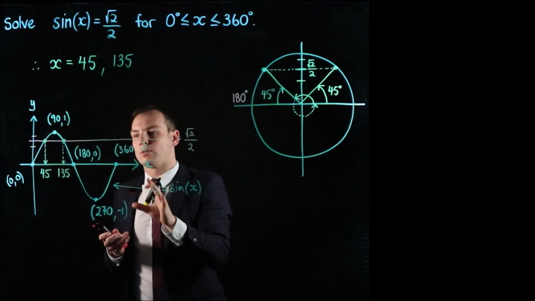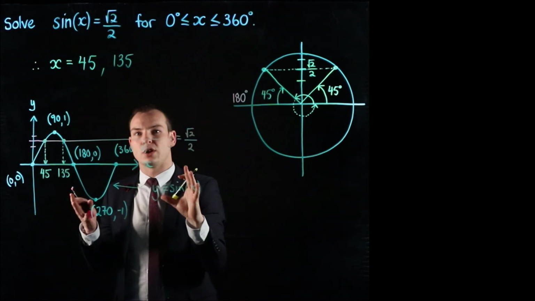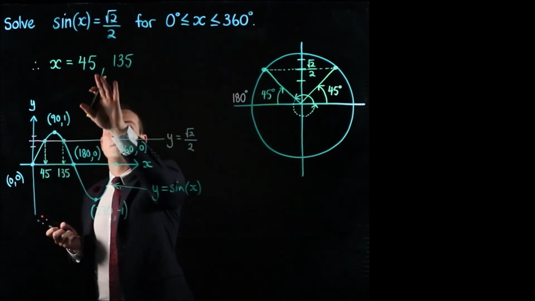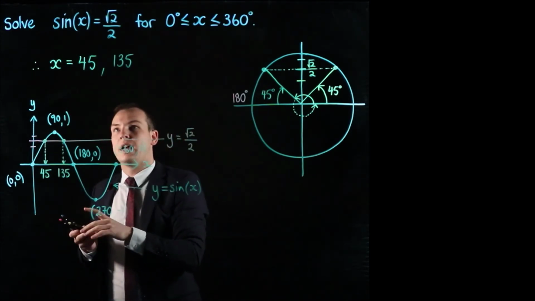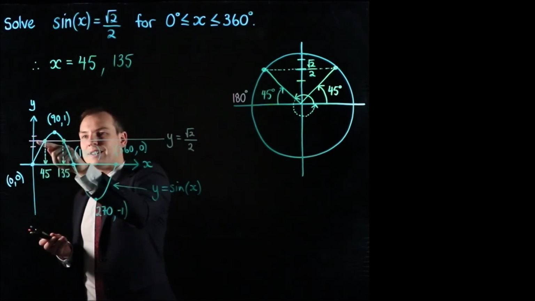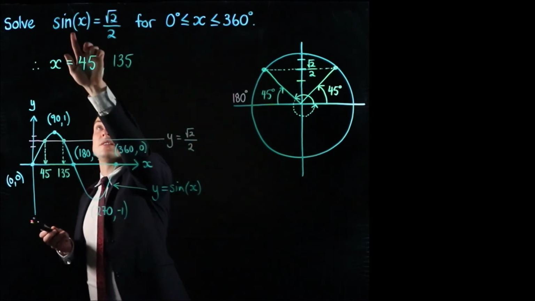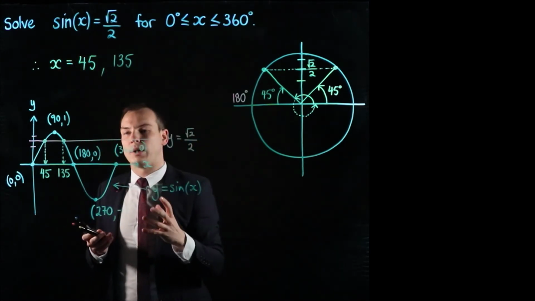So that's how we can relate the solutions to this equation to a graphical interpretation. The x values 45 and 135 are where the graph of sine of x intersects the line y equals root 2 over 2, which is what the equation was to start with.